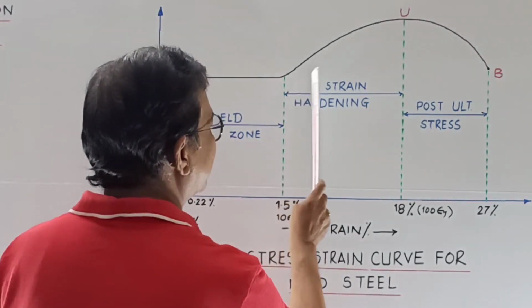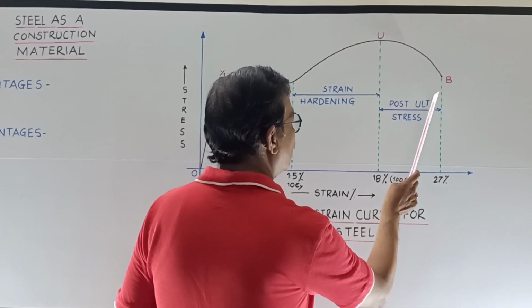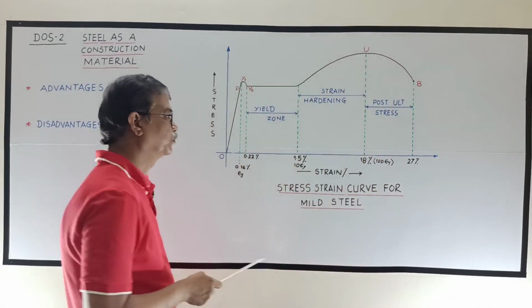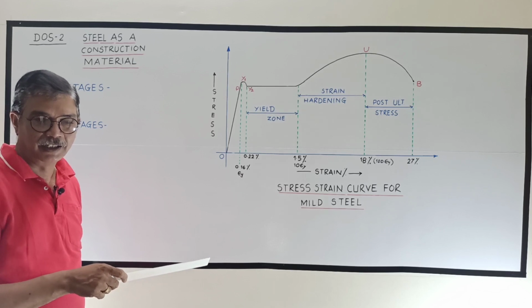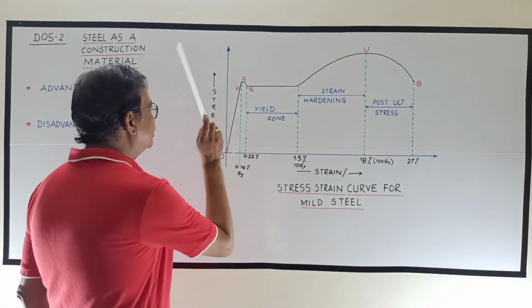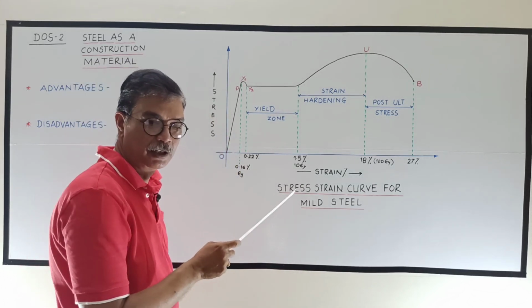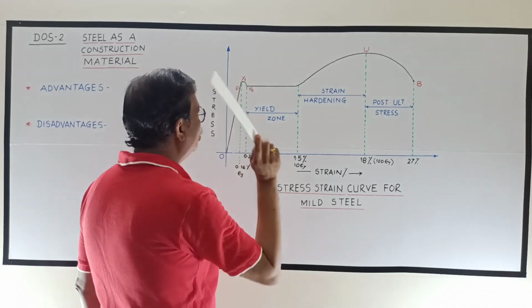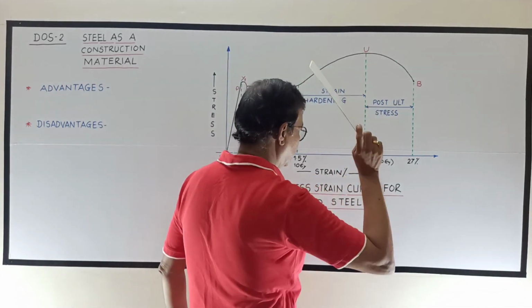This is the strain hardening region or zone, and this is post ultimate stress. Do you understand? Once again I will repeat, P is the proportional limit, Y1 is upper yield, Y2 is lower yield point, U is ultimate point, B is breaking point.